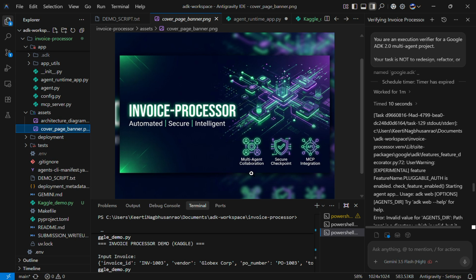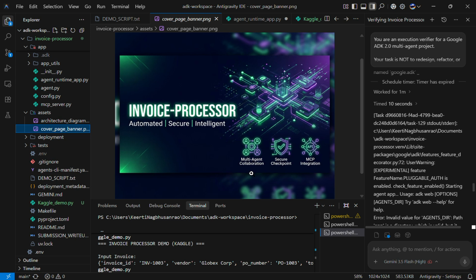For security, I have kept a secure checkpoint. Next comes intelligence. For intelligence, I have integrated MCP. Instead of hard coding, I have integrated the MCP here. All working together to reduce manual effort while maintaining trust and compliance.